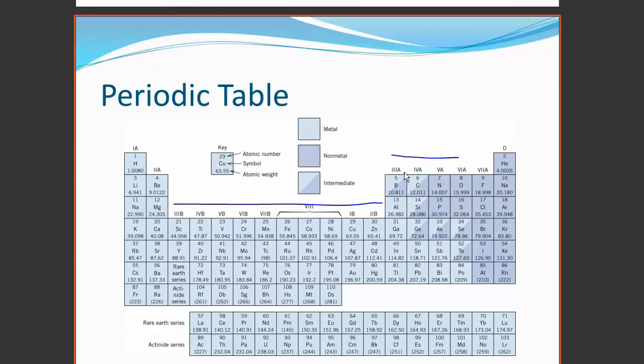These materials here, in the 3rd, 4th and 5th groups, are very interesting because they exhibit hybridization of the bonds and can form complex molecules.